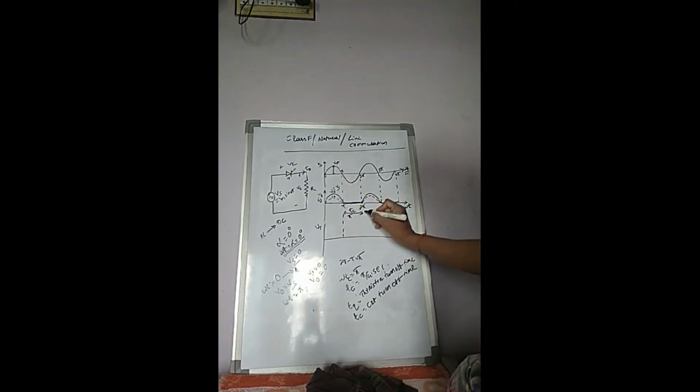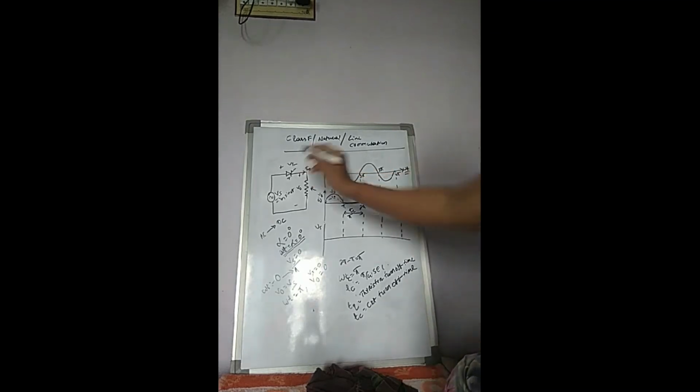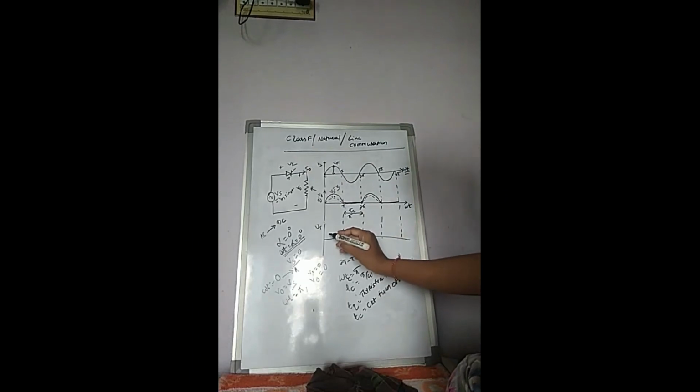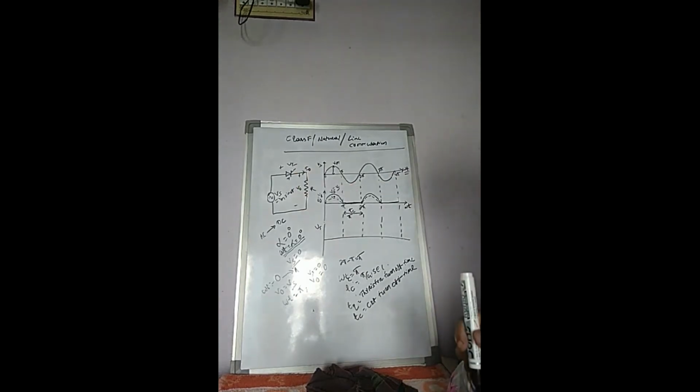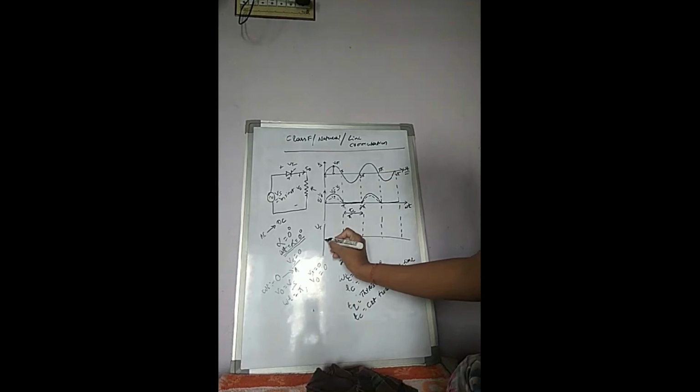What is this? Voltage across thyristor. When the thyristor is in turn on mode, in on state, the voltage drop across the thyristor is very minimal. If we take the ideal case of thyristor, then the voltage drop across the device is 0 during turn on mode.